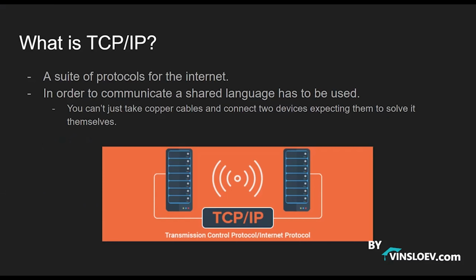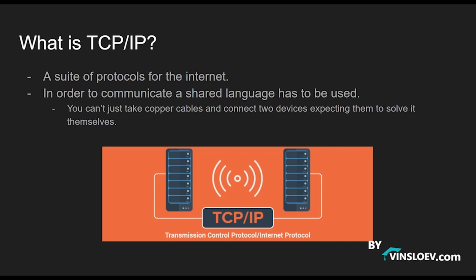What is TCP/IP? Well, this is a suite of protocols that is used on the internet to communicate, meaning that when we are communicating with other devices using the internet or a given network in general, we are using this TCP/IP protocol suite. So this is a common language that devices have implemented such that they can talk to each other.